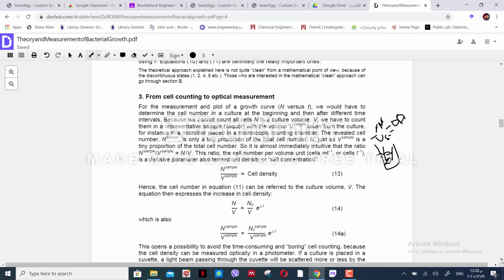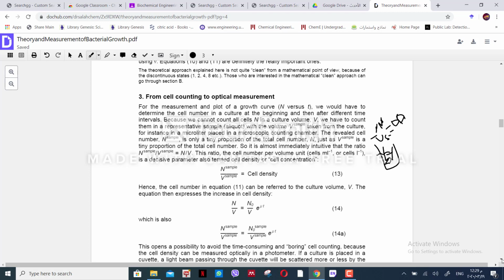So it is almost immediately intuitive that the ratio n sample over v sample denotes the ratio of n over v in some manner. This ratio, the cell number per volume unit, cells per mL or cells per liter, is known as the concentration of cells, or cell density. So n sample over v sample equals cell density.